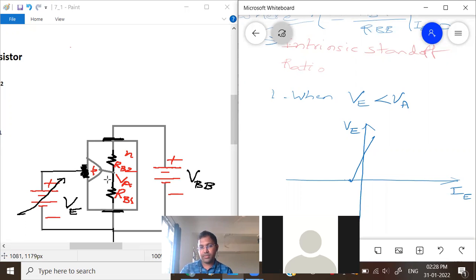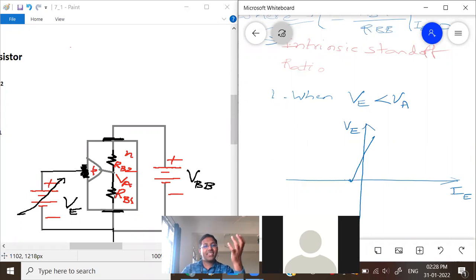Holes are pushed, but holes are positively charged, so they don't take this path; rather the current flow will be like this. So because of that, charge carriers are pushed towards RB1.